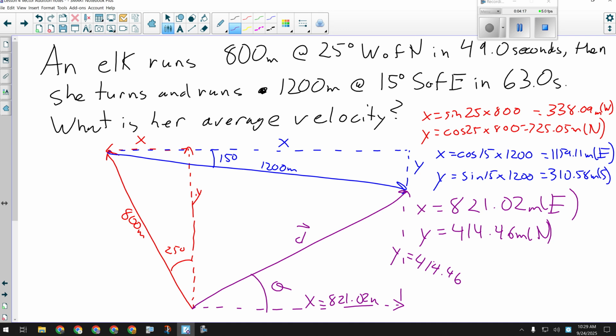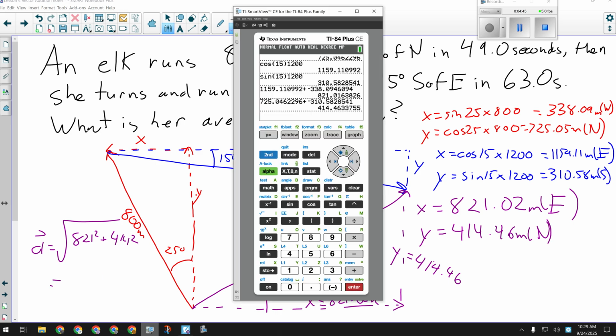Okay. So now that I've got that, what's my next step? Triangle. Right, Pythagoras, that guy. Now I want to find out what is the magnitude of the elk's displacement. So d will be the square root of the two sides: 821 squared plus 414 squared.